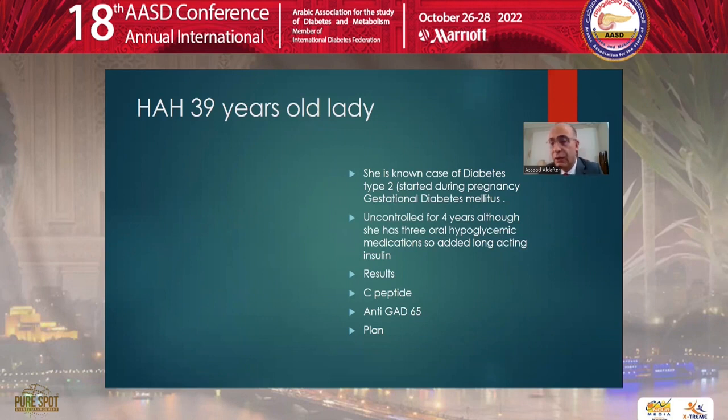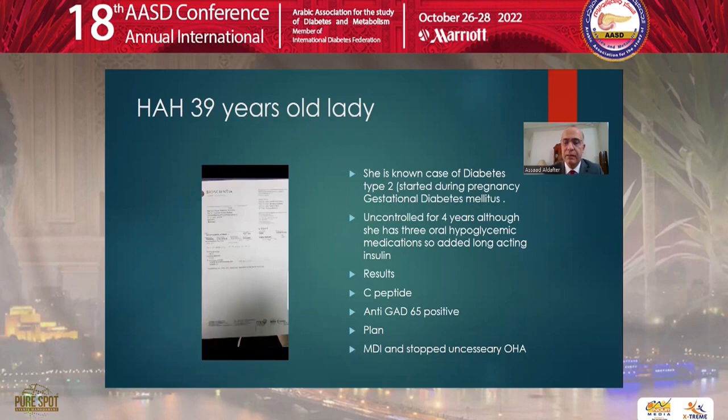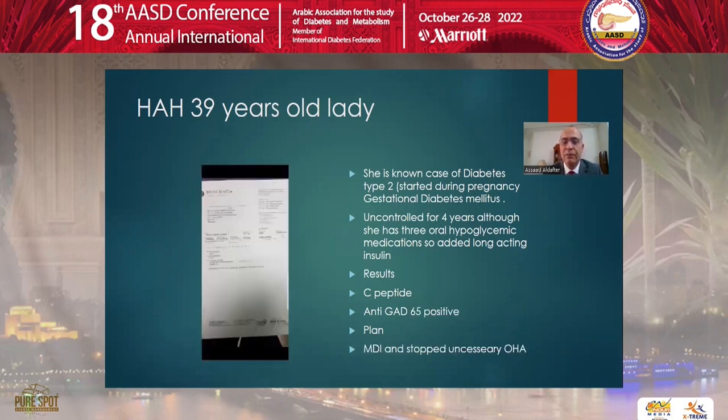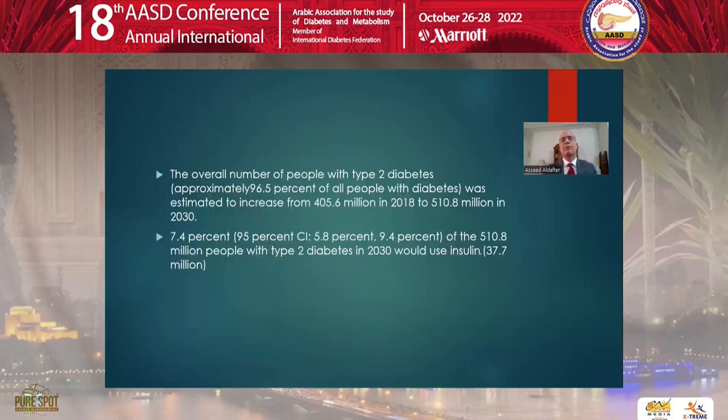But unfortunately, her sugar was not controlled, so they added long-acting insulin. When we checked C-peptide, it was low, and then we checked anti-GAD65, which was positive, and the diagnosis was late onset autoimmune diabetes. We used insulin, 3 doses, short-acting and long-acting, and the patient became comfortably better.